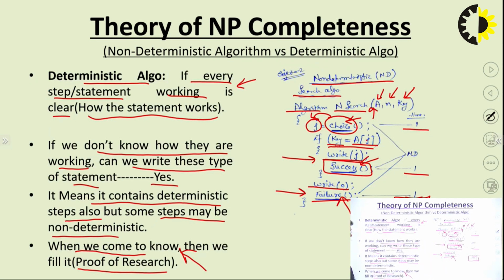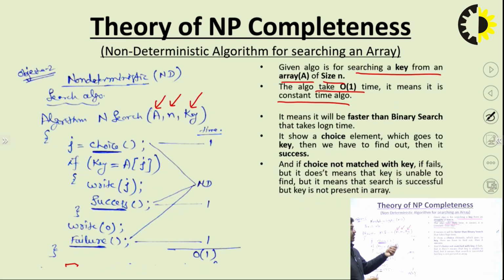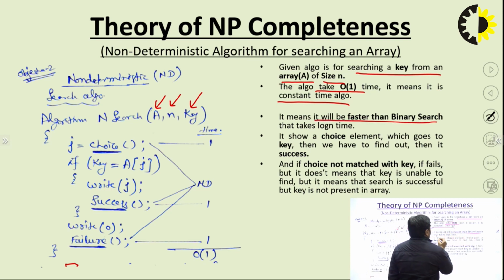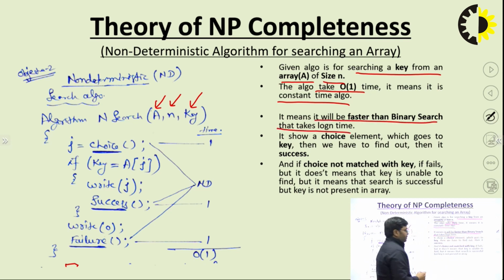We can see again, if choice, success, and failure take constant time, then the searching algorithm takes time order of 1 only, meaning it is a constant time algorithm. It means it will be faster than binary search, which takes log n time.